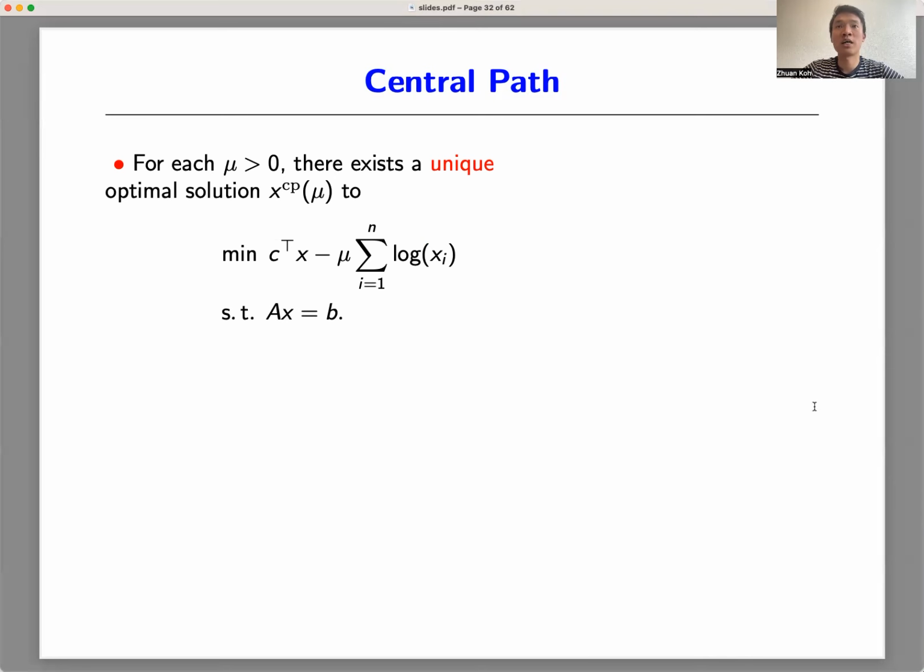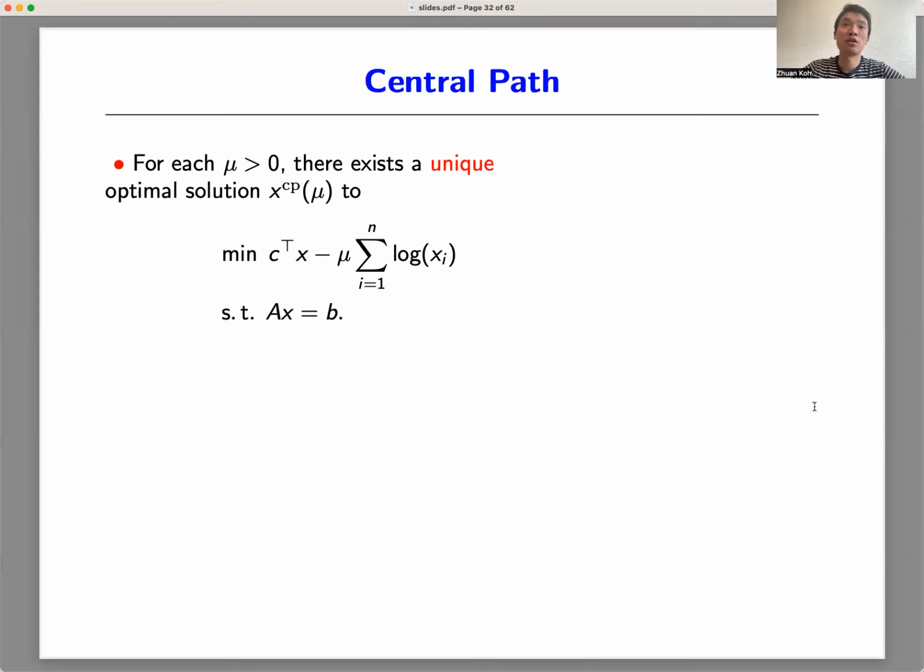So for each coordinate i, we will add a log x_i term multiplied by a penalty parameter called mu. So as log of 0 is minus infinity, this encourages the optimal solution to this problem to stay away from 0 on every coordinate.